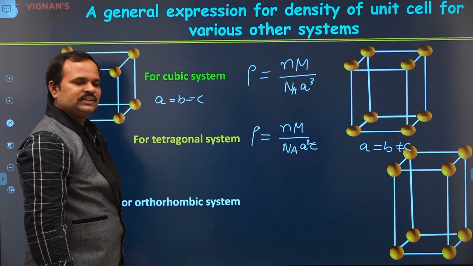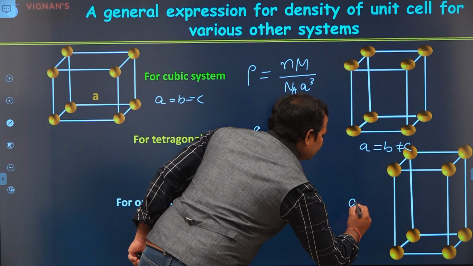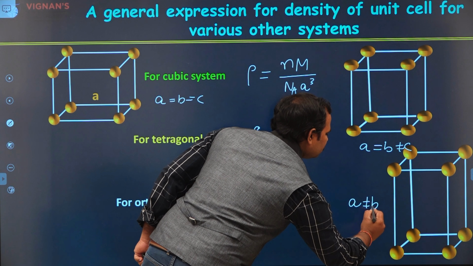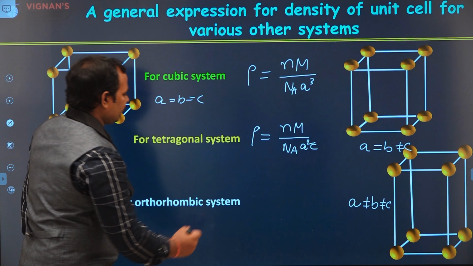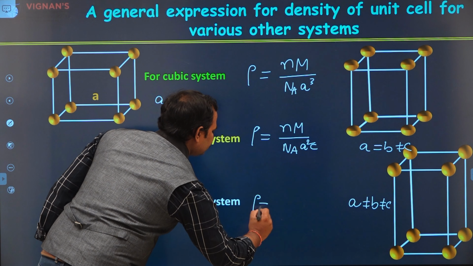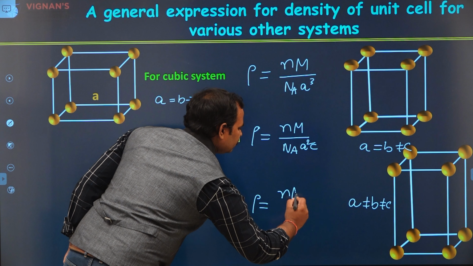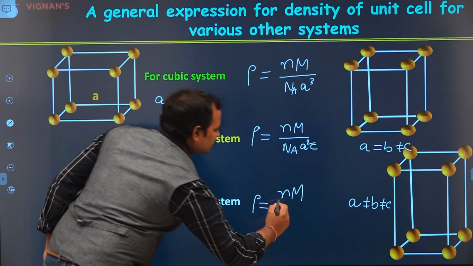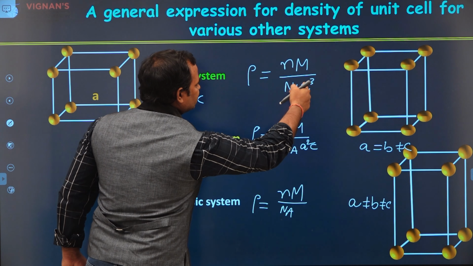For an orthorhombic system, we know the Bravais lattice conditions: A not equal to B not equal to C. So we can write the relation for the orthorhombic system, rho is equal to Nm by Na into the volume of the unit cell.